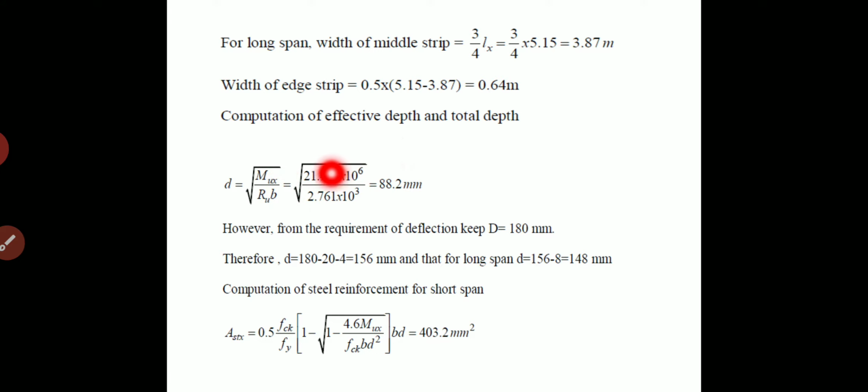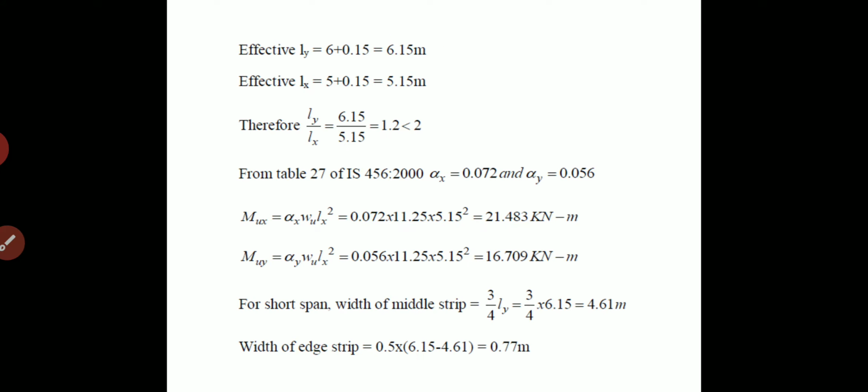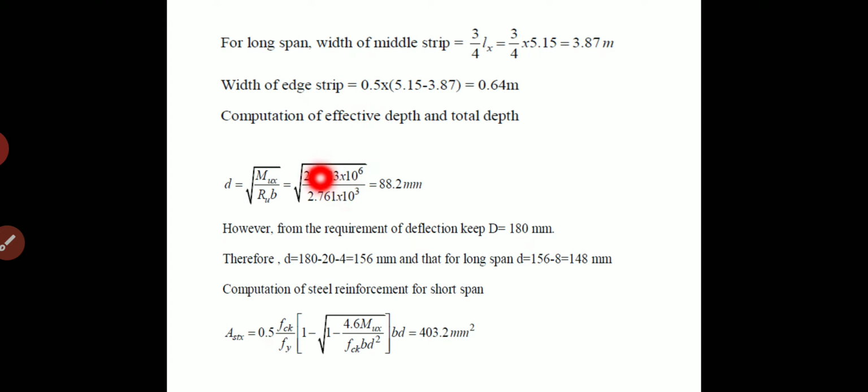The MUX value is 21.483 into 10 to the power 6, converted into Newton mm, and the RU value equals 2.761, and B. The RUB total value is 2.761 into 10 to the power 3.